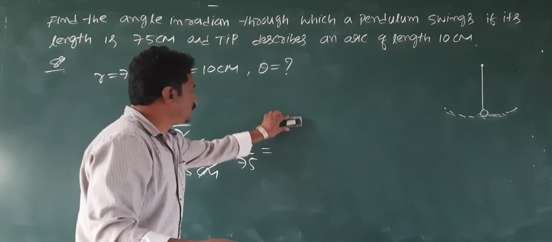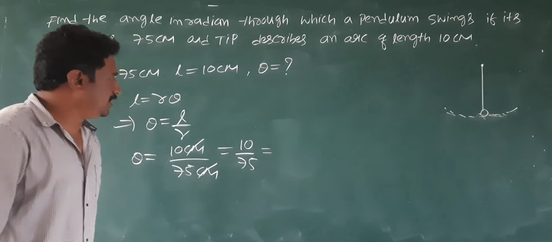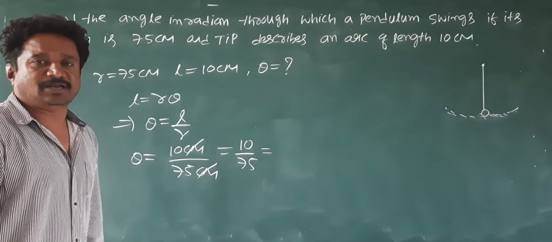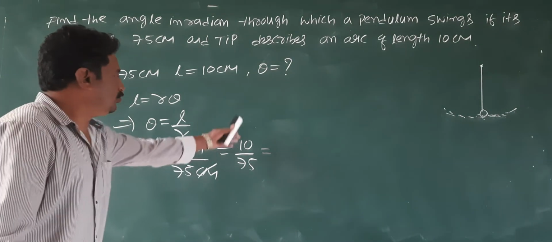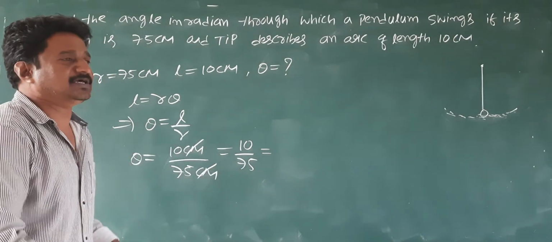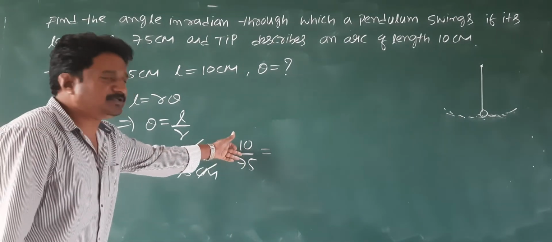You do one thing, students. Divide using your calculator: 10 divided by 75. Or otherwise you can keep your answer here itself. This itself is correct.